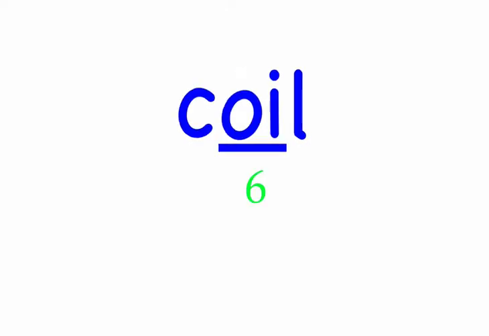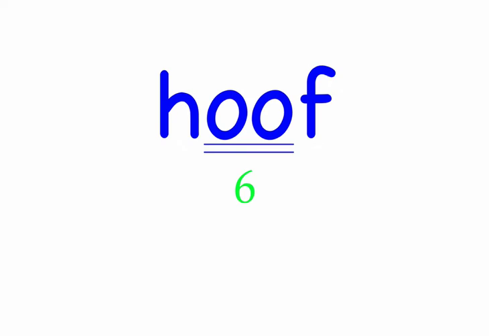Hoof. The horse's hoof is sore. Hoof, 3 sounds. Now here, OO is representing its second sound.